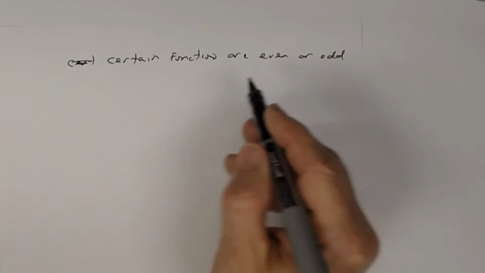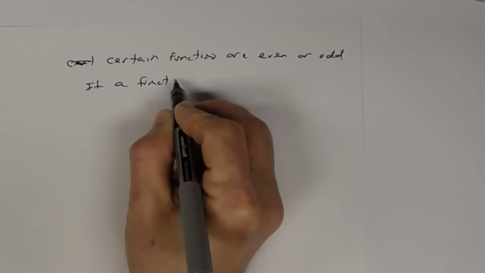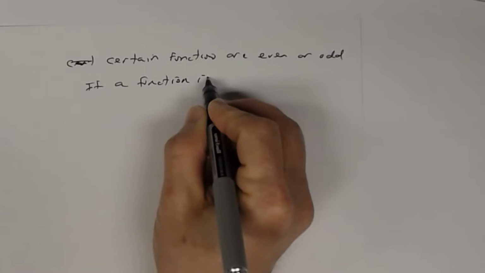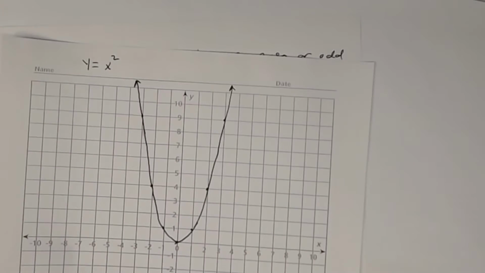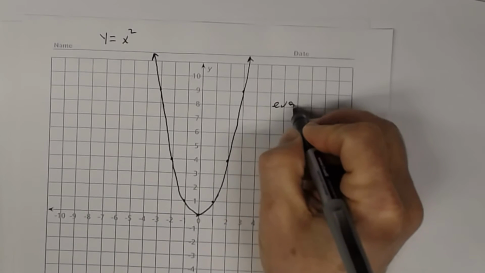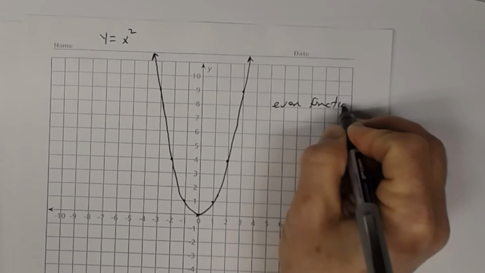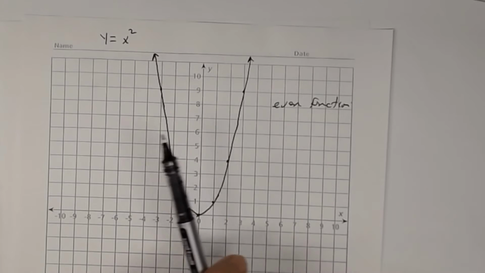All right, so if a function is even, and I'm going to tell you now that this function right here is an even function. So let's think about that. If that's an even function, can you tell me something about its symmetry? Well, it's symmetric about which axis?